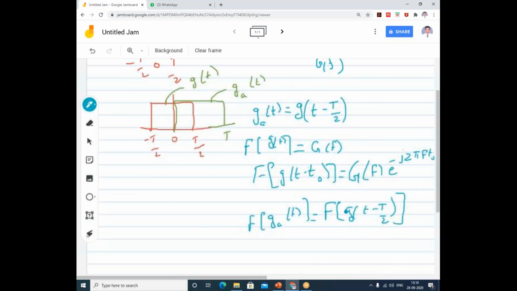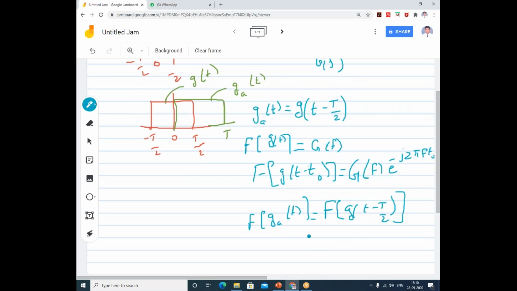So I can write G of f is nothing but A T sinc fT into e power minus j2 pi f. Now in the place of t naught, since my t naught is T/2, I have to write capital T/2.